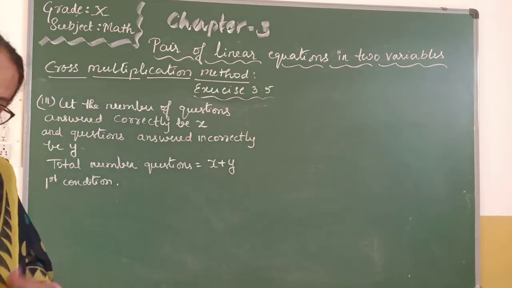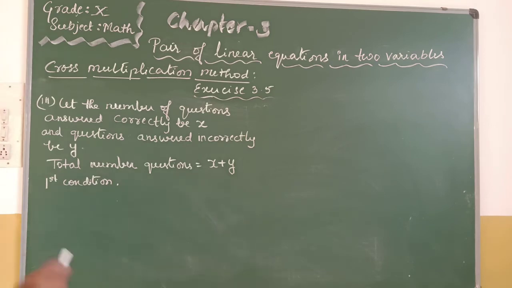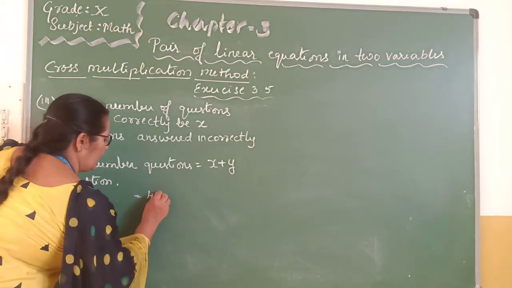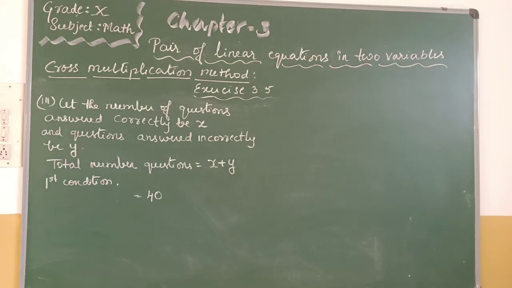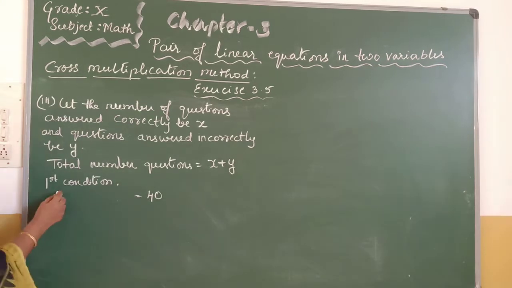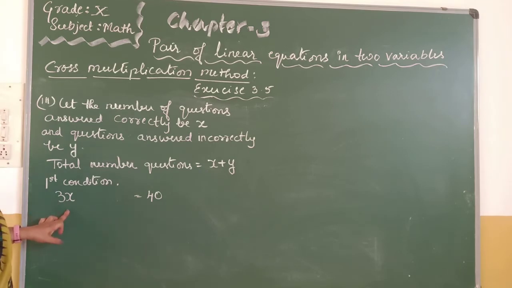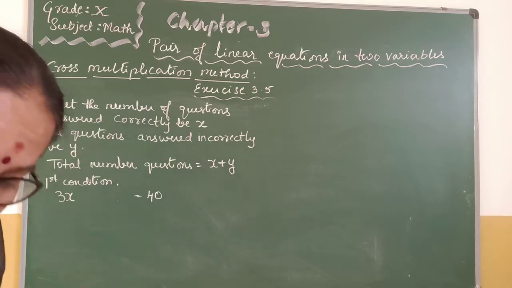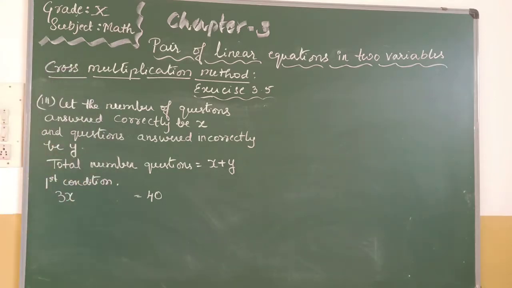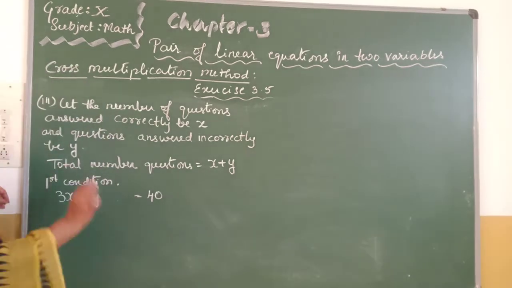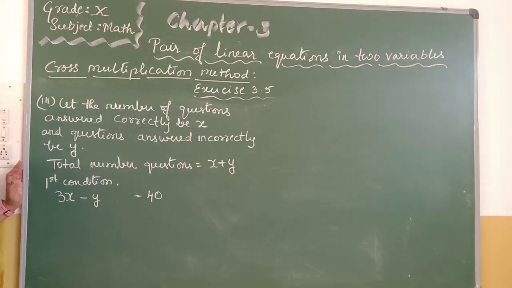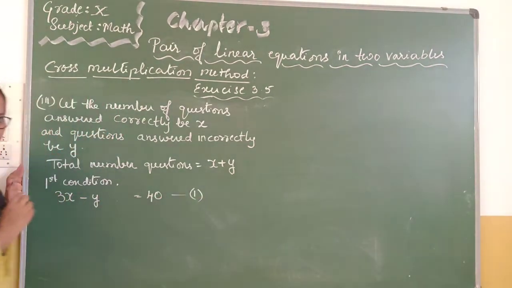So he would have scored 40 marks when he gets 3 marks for each right answer, that is 3x, then loses 1 mark for each incorrect answer. That is 3x minus y equals 40. This is the first condition.